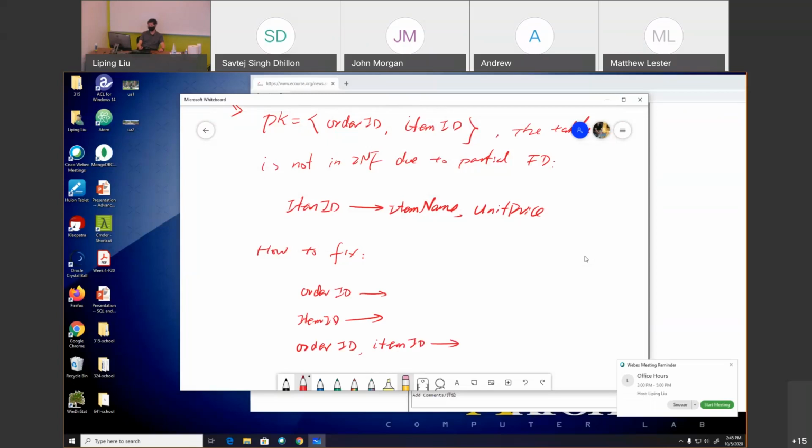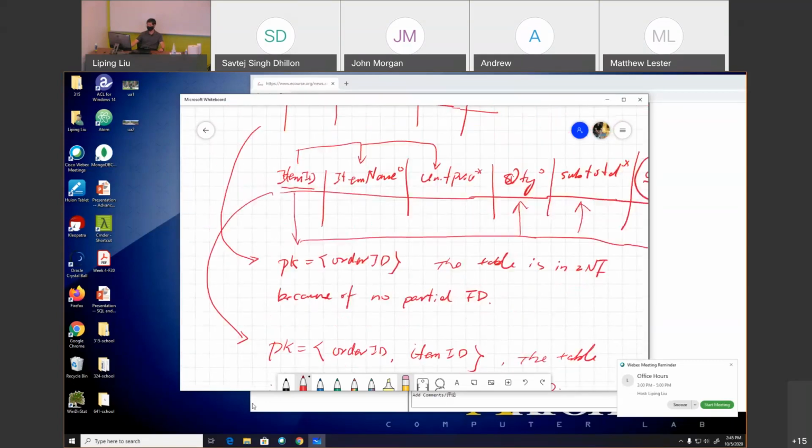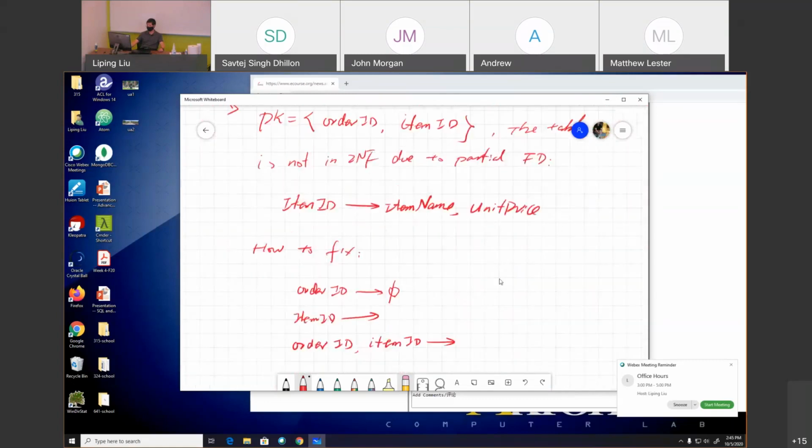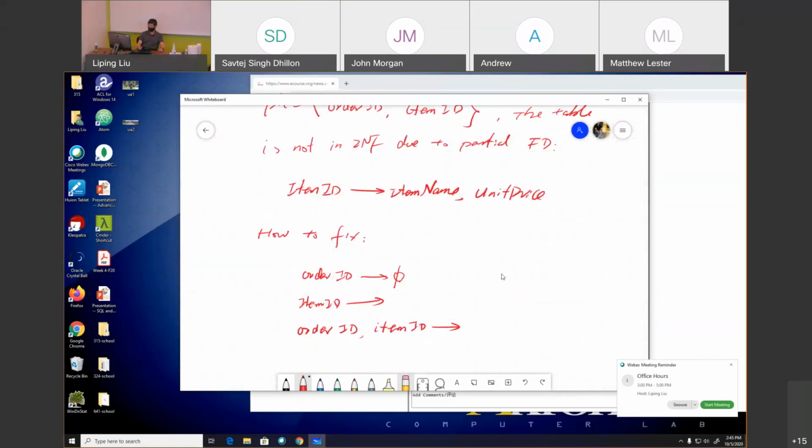And then put the columns that depend on each one. There's nothing that depends on auto ID alone. If you look at the functional dependencies, there's nothing that depends on auto ID alone.